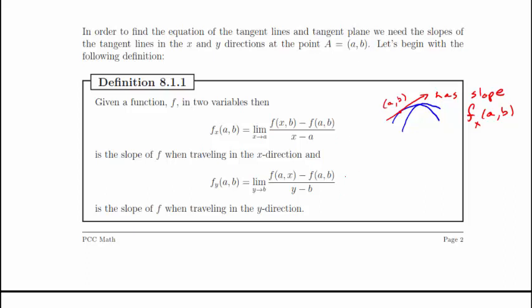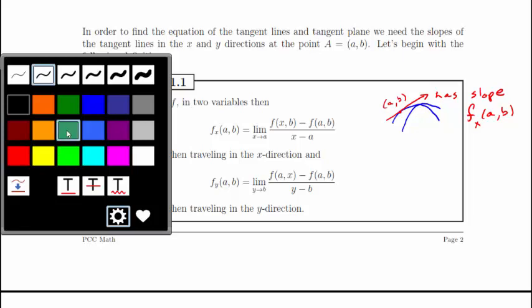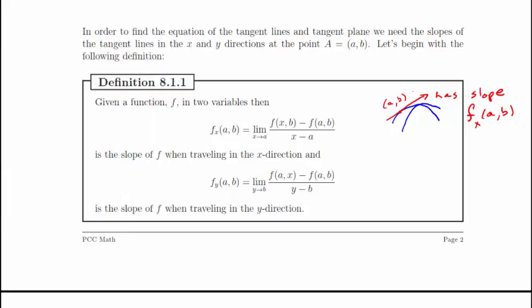Similarly, our rate of change in the y direction, given function f, is f sub y of (a, b). I'm going to switch colors here. So in green, in the y direction, I can draw another slope. This has slope f sub y at (a, b). And this is defined similarly.